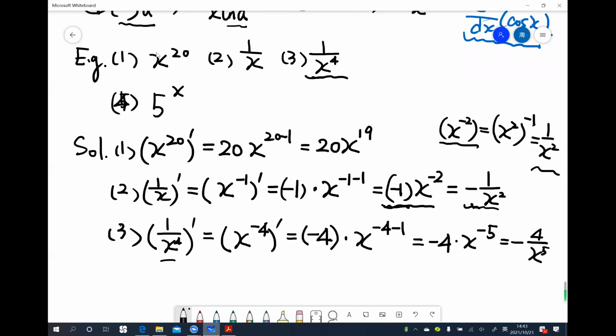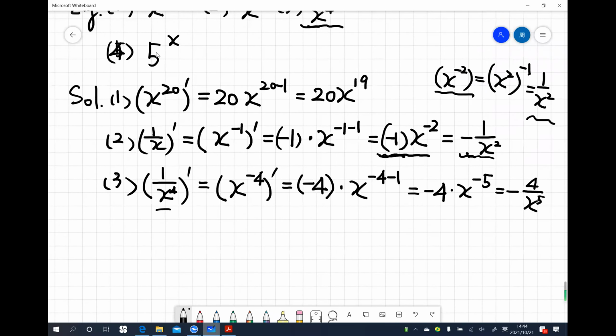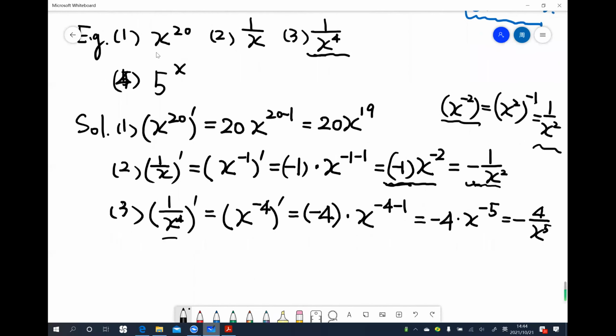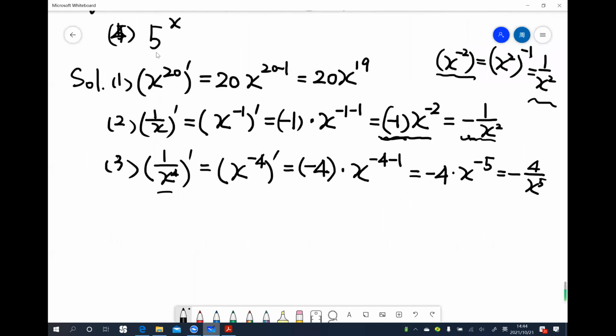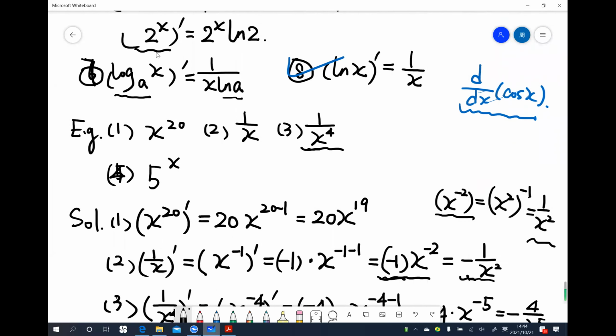Number 2 and 3. Okay. Number 2, you gave us one rule, that log x equals 1 by x. So why can't we write it here?